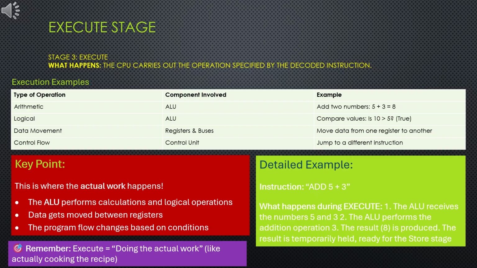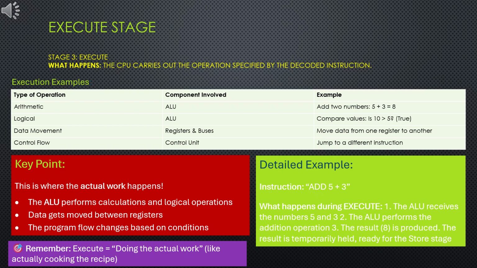Different types of operations involve different components of the CPU. As you can see in the table in the slide, arithmetic and logical operations like adding two numbers or comparing values are handled by the ALU, or arithmetic logic unit.